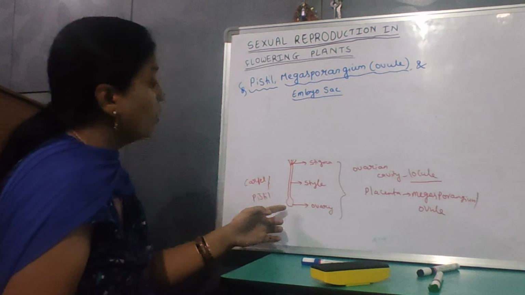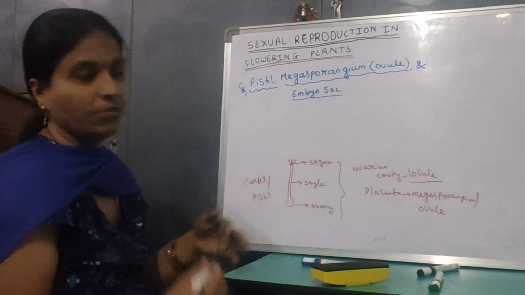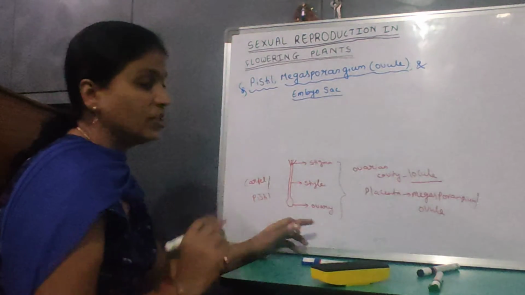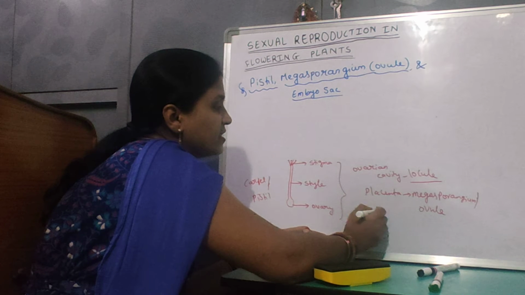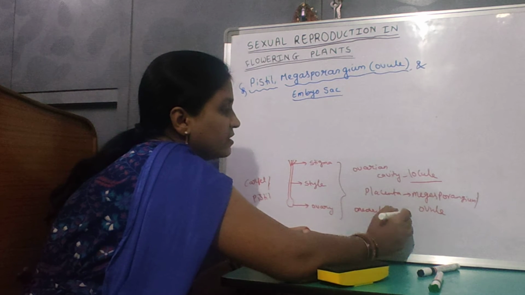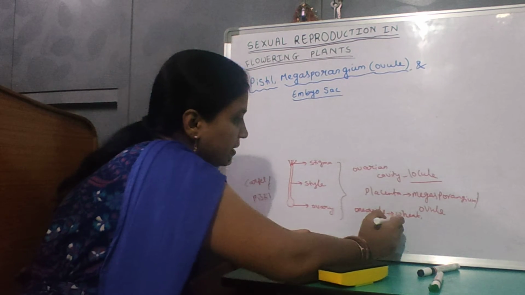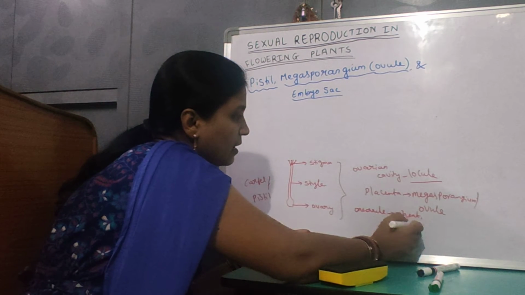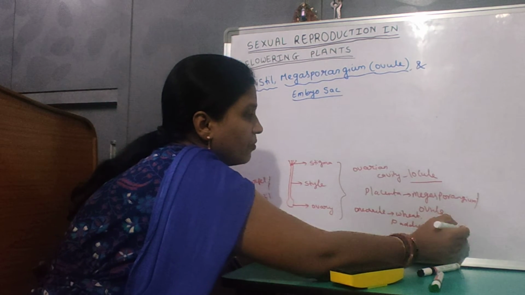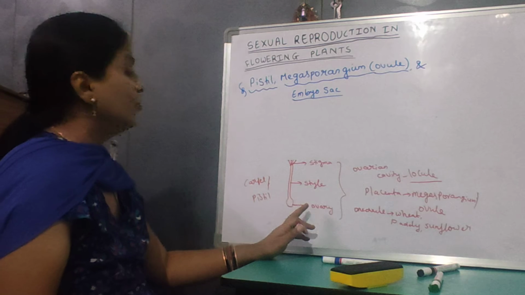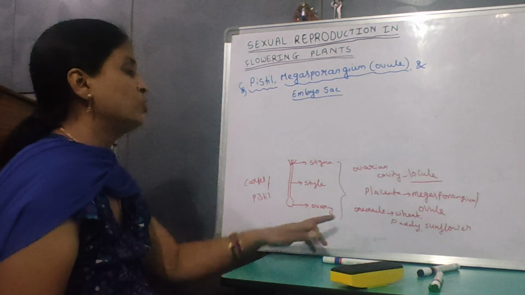Sometimes in this ovary, one ovule may be present, or many ovules may be present. One ovule is present in wheat, paddy and sunflower, where inside the locule, inside the ovary, only one ovule is present.